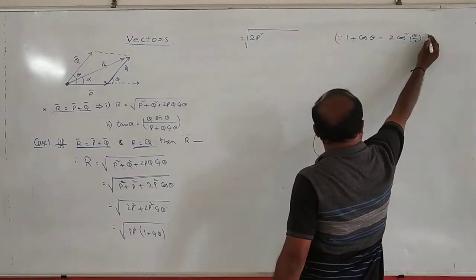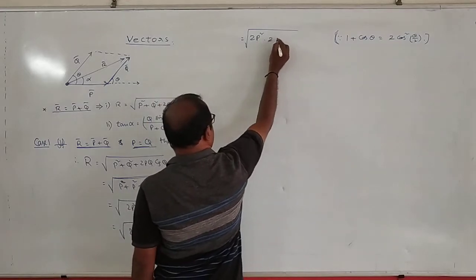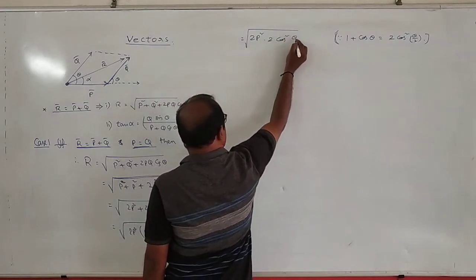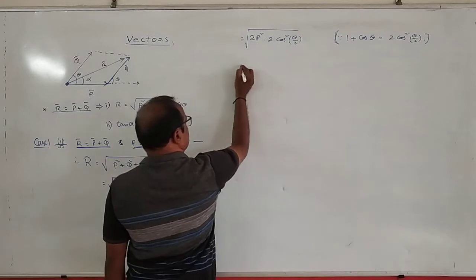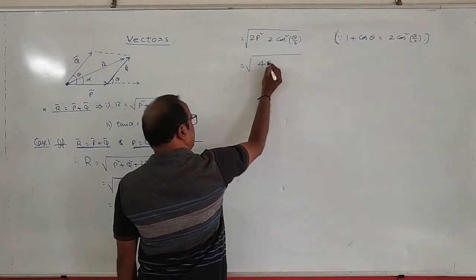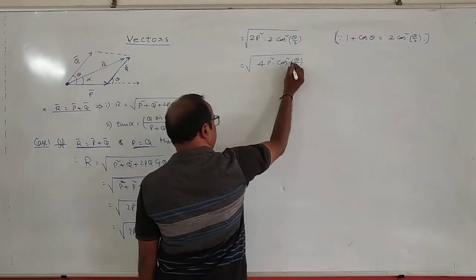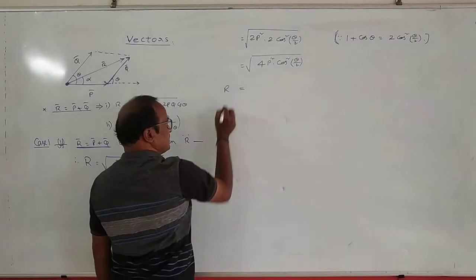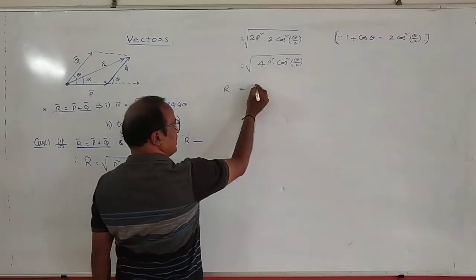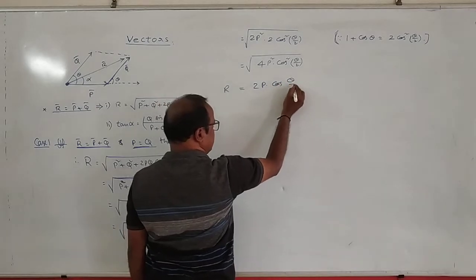Here 1 plus cos theta is replaced by 2 cos square theta by 2, so that is equal to root of 2 into 2, that is 4 P square cos square theta by 2. Here, root of 4 is 2, root of P square means P, and cos square means cos theta by 2.